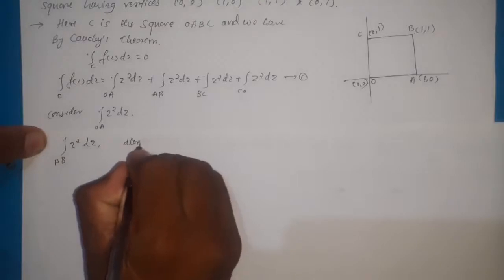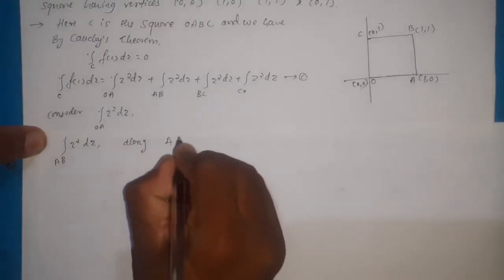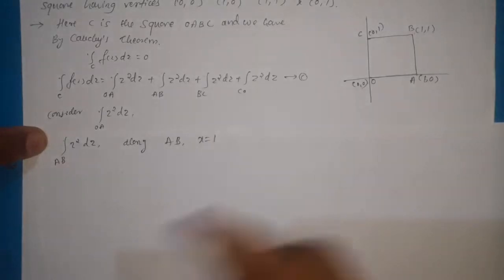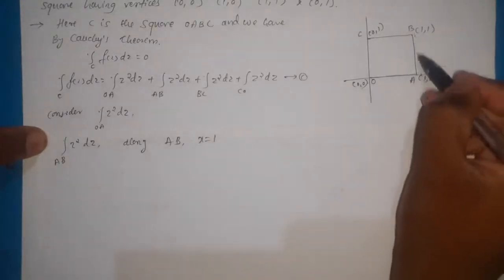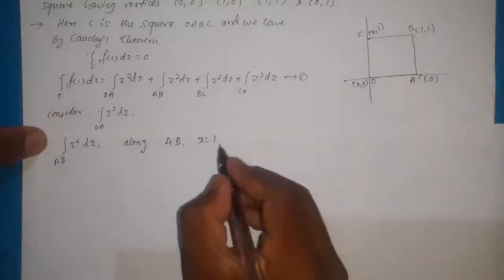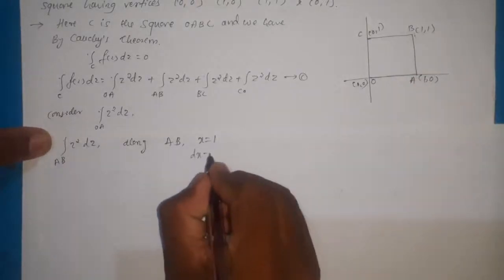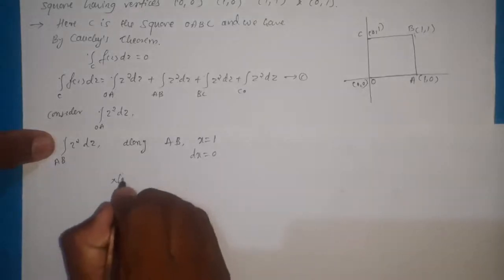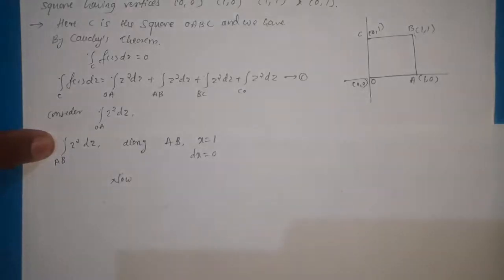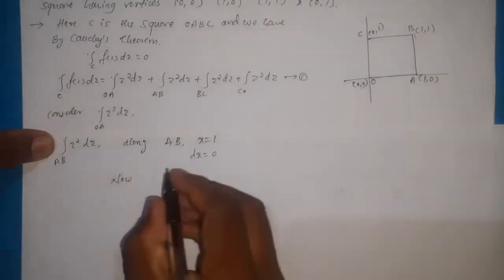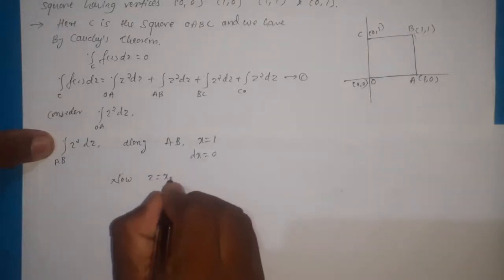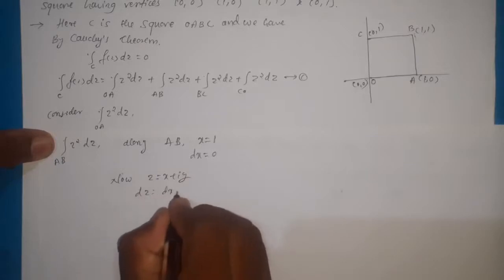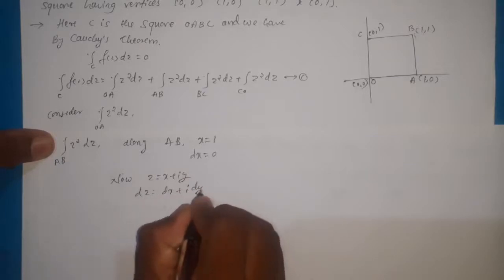So here along AB x equal to 1, right? So this is a line AB where x is constant, so therefore x equal to 1. It implies dx is 0. So now z equal to x plus iy and dz equal to dx plus i dy.